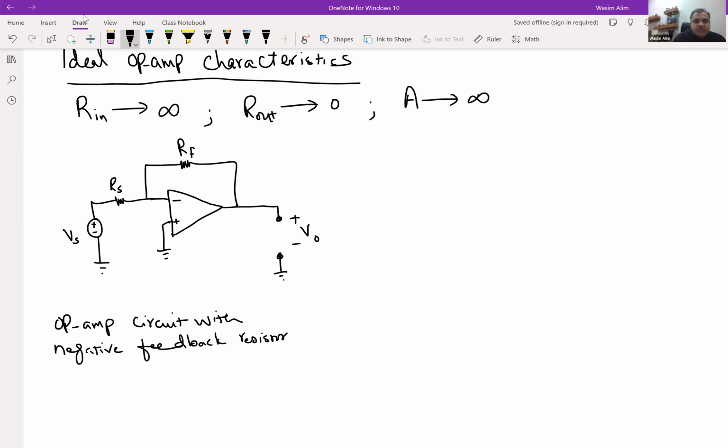Okay, so that's how you represent it, right? Now, again, this is a circuit schematic symbol, but we want to now simplify this more, and we translate this to this form.